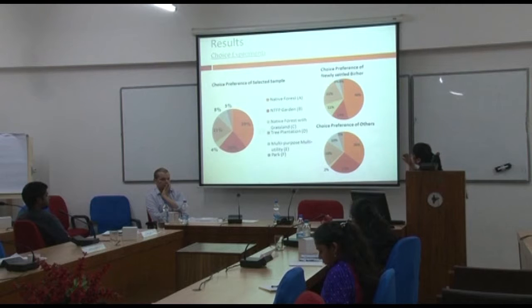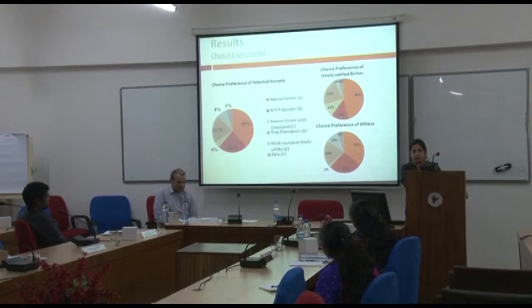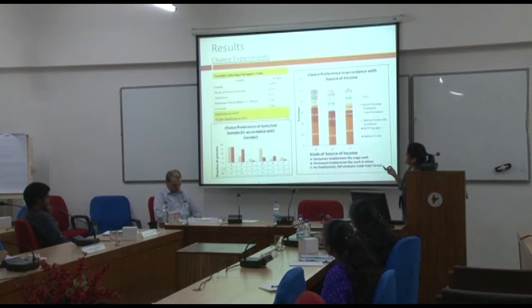When we compare the choice preference among the Birhor and the people who have been living there for longer, we found that 46% of the Birhors prefer the native forests, and 36% of the people who have been living there for longer prefer this. This was basically to see if the wanderers who have been living in the forest have a higher preference for native forests or not.